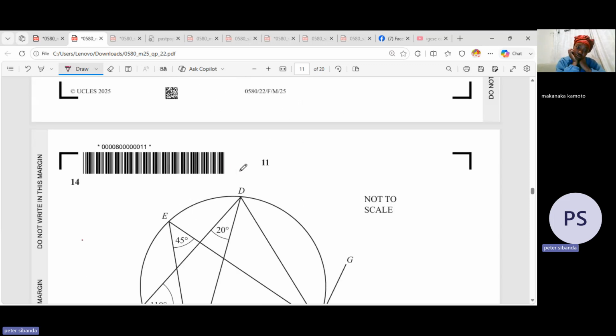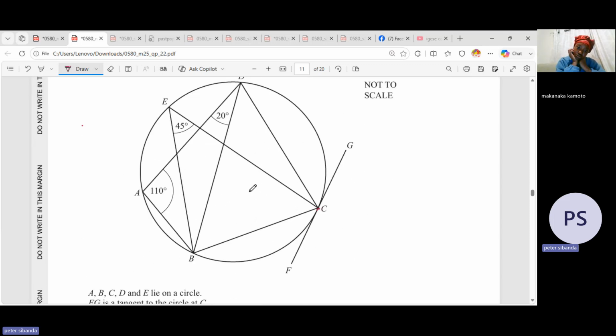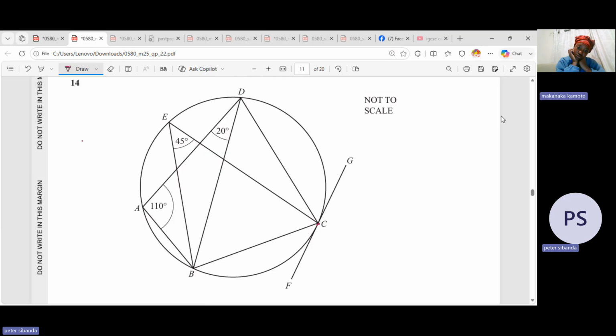We don't worry about the questions, like I said. Let's just try and figure out how many of these angles we can actually find. So look at me doing this.